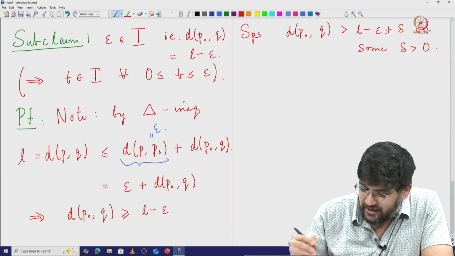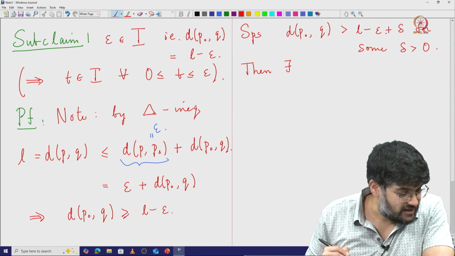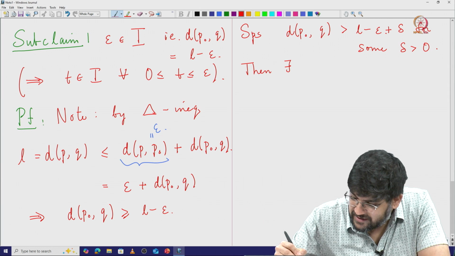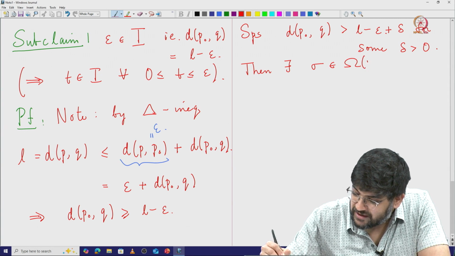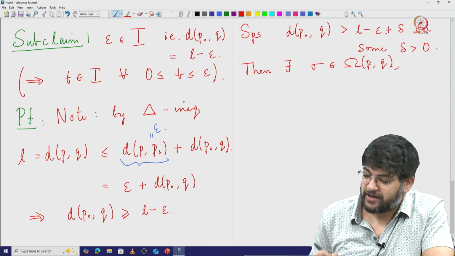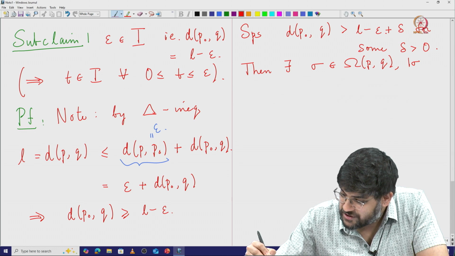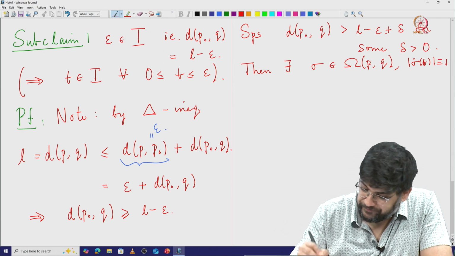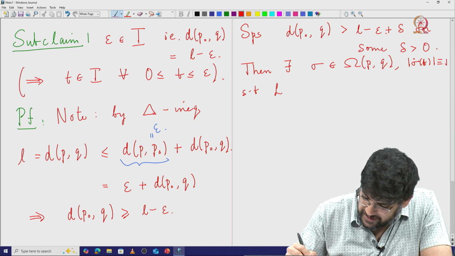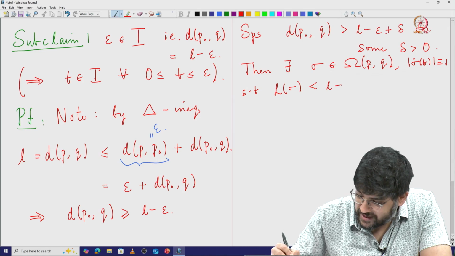All right. So then there exists an admissible path from P to Q. Just by the definition of the distance function, there exists an admissible path which has unit speed such that the length of the admissible path is strictly less than L plus delta.